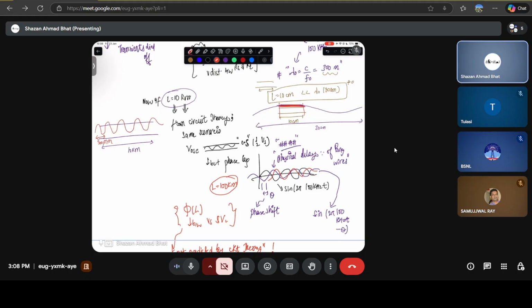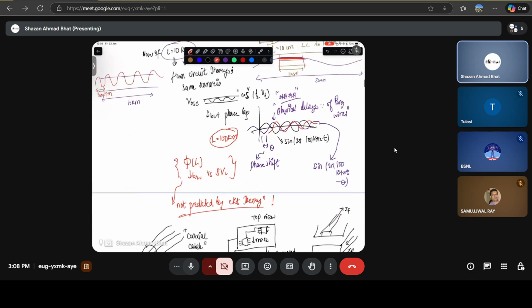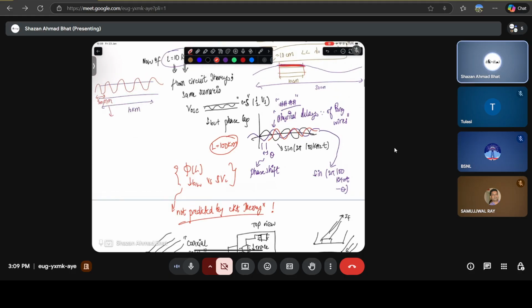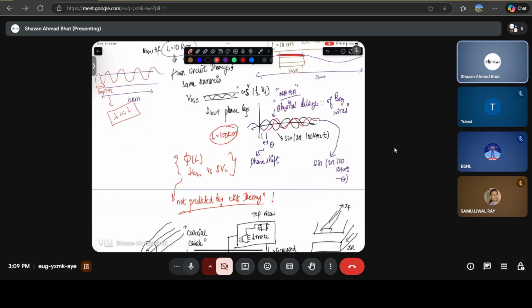Now you are going to see something else. If you have a scenario where this lambda is much less than the length scale, then you are going to see certain delays associated with it.